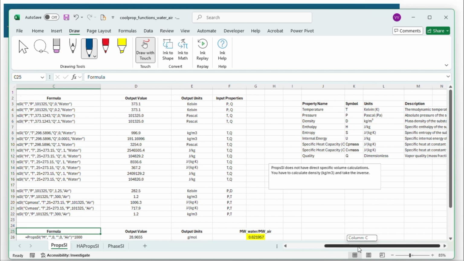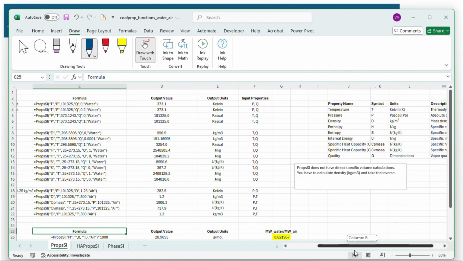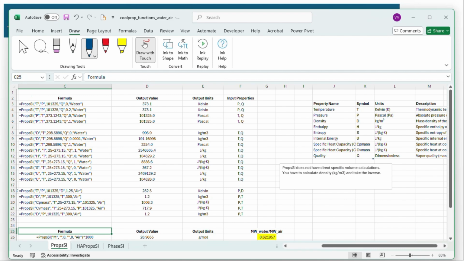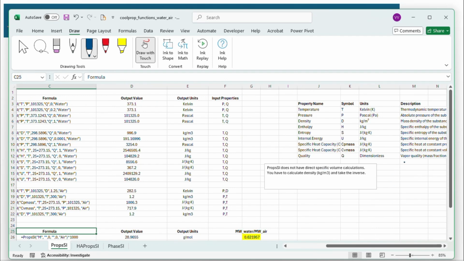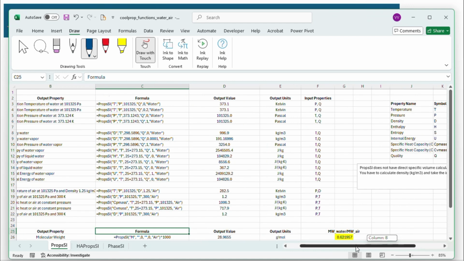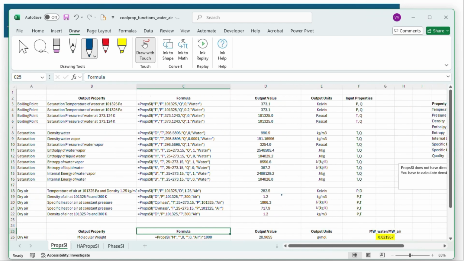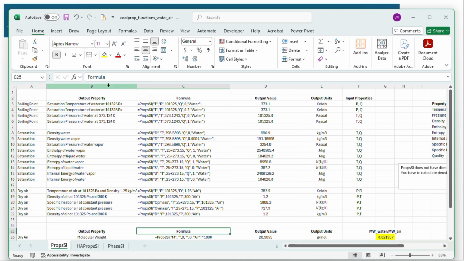Okay, and one thing to note here is, of course, that the quality doesn't have any dimension because it's just the quality of vapor in the mixture. So it's almost like a mass fraction of vapor in a mixture. Okay, all right, and you can see specifically how each of these properties are calculated from these formulas here.